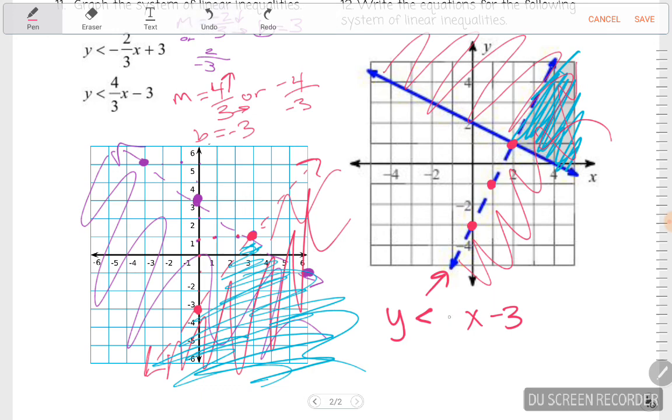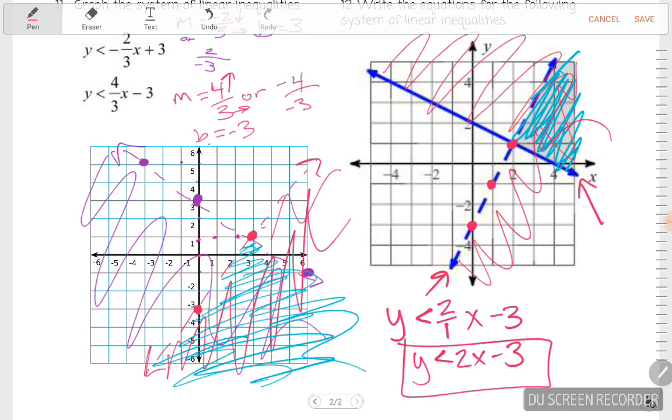So my slope, it goes up 2, to the right 1. So both are positive. I could simplify this and just say that means my equation is y is less than 2x minus 3.